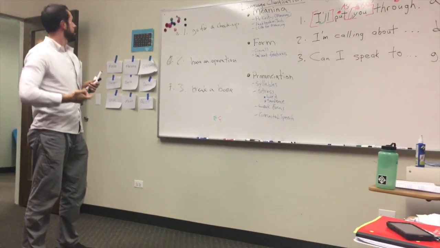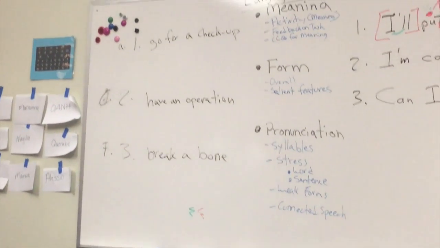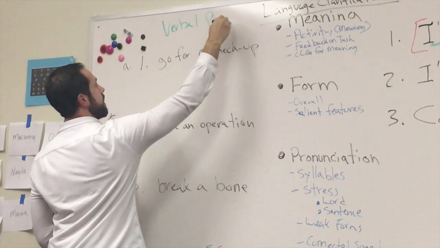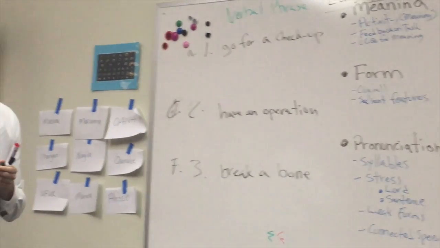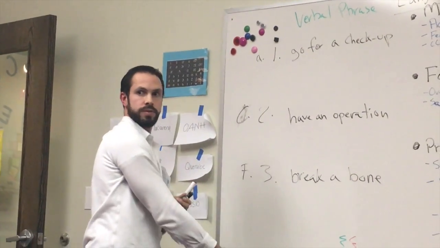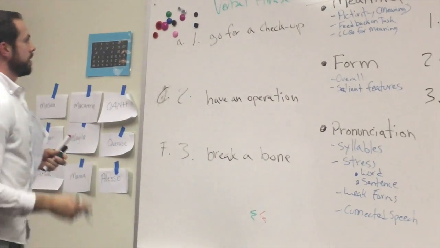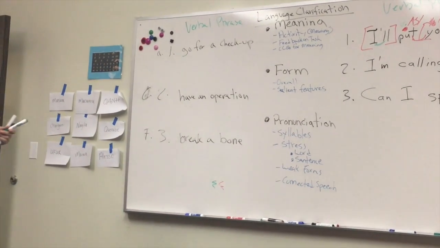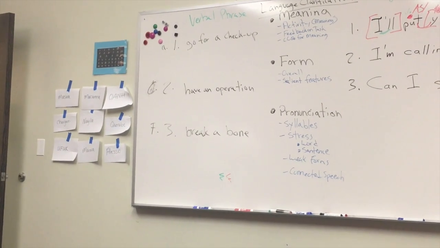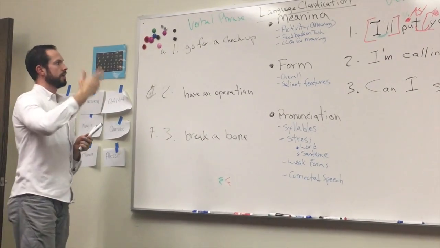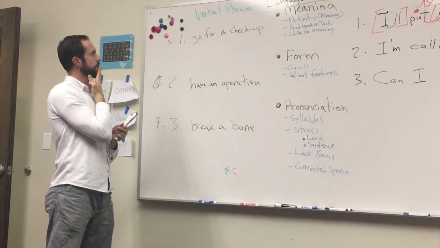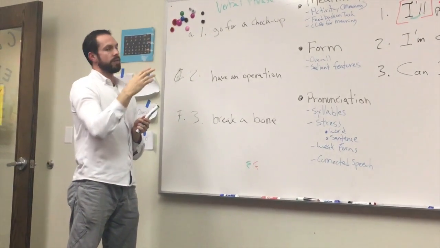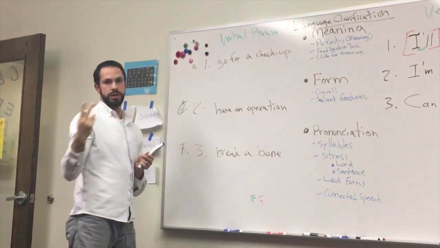So overall, what kind of phrase is it again? Verbal phrase. Okay. And if they all have a theme, you could just say these are all verbal phrases, right? Then you go to salient features. So to go for a checkup, if I say I go for a checkup twice a year, right?